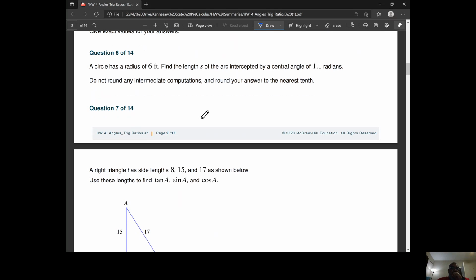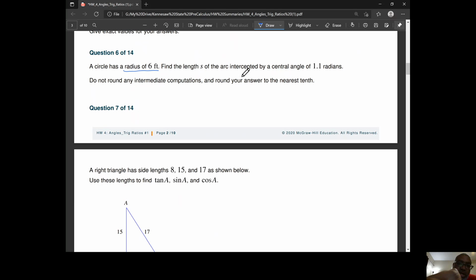Number 6. A circle has a radius of 6 feet. Find the length S of the arc intersected by the central angle of 1.1 radians. Don't round any intermediate computations and round your answer to the nearest tenth. That's important, don't round any intermediate computations. That's pretty standard.